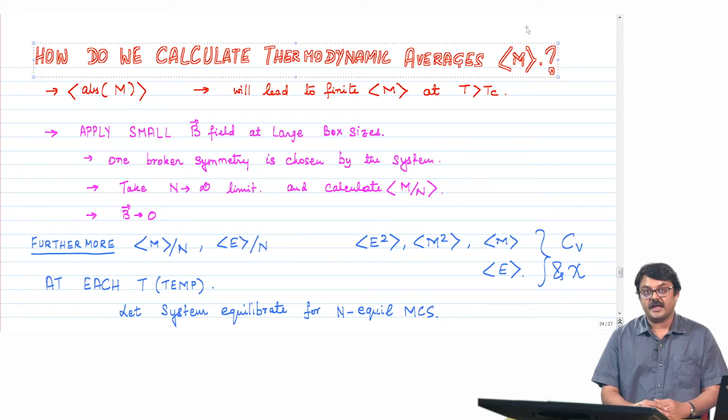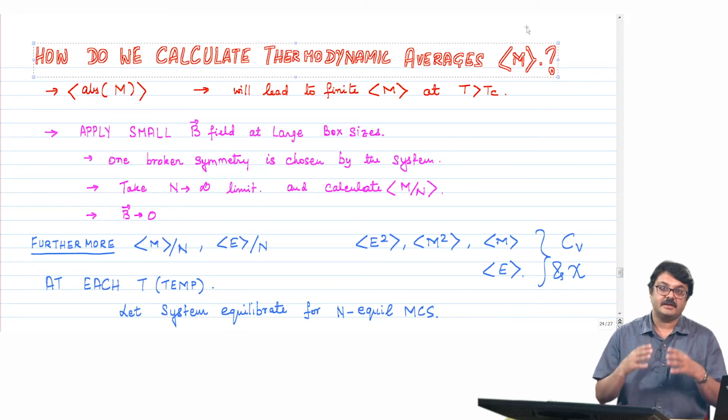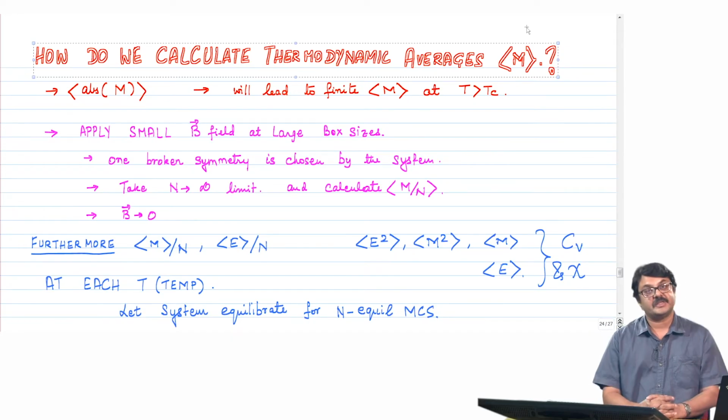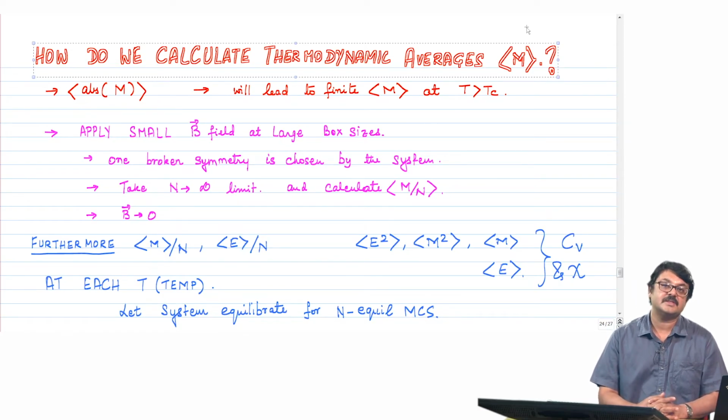Of course, if we take larger and larger box sizes, the frequency of flips will decrease, but for larger box sizes we also have to allow the system to access different microstates. The number of accessible microstates is also larger.